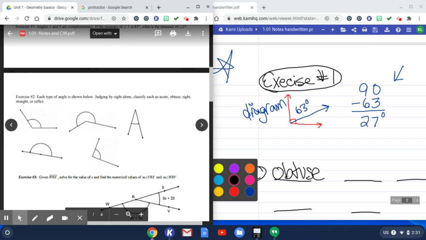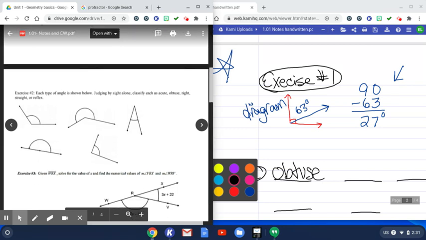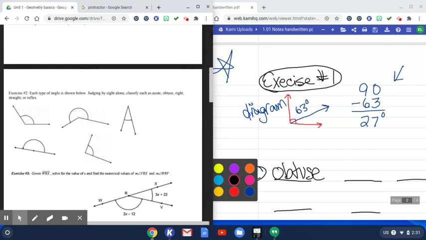The second picture here looks to be a pretty big angle. If that extended over about there, you can see where my little cursor is, that's going to be the reflex angle. Reflex. Okay. The third one is a baby angle, kind of opening down.